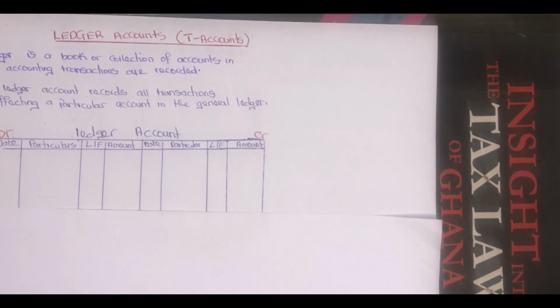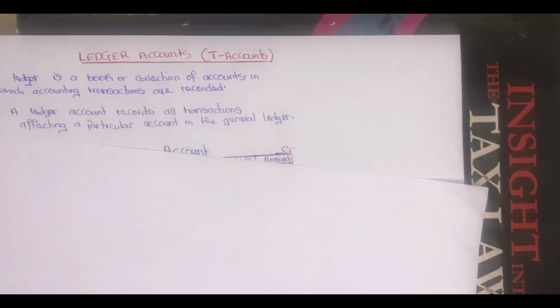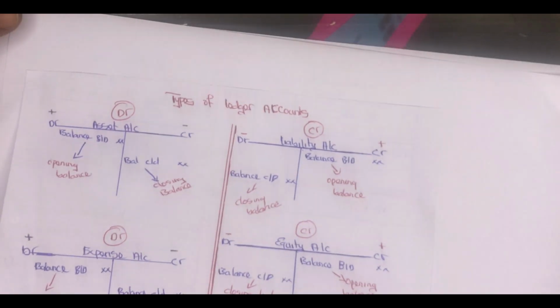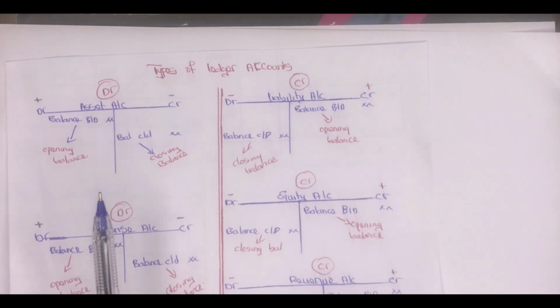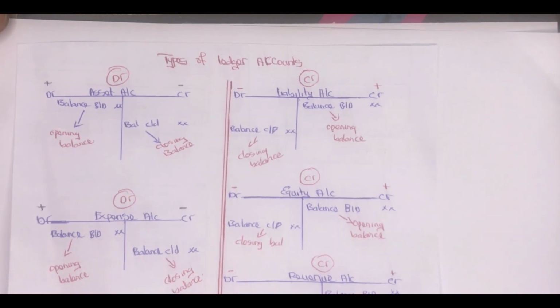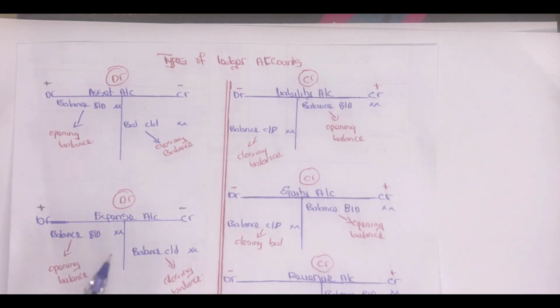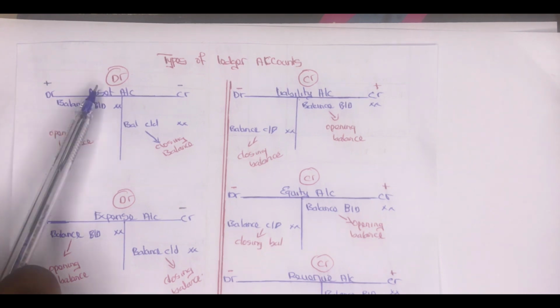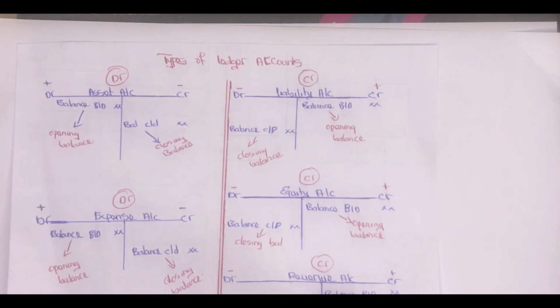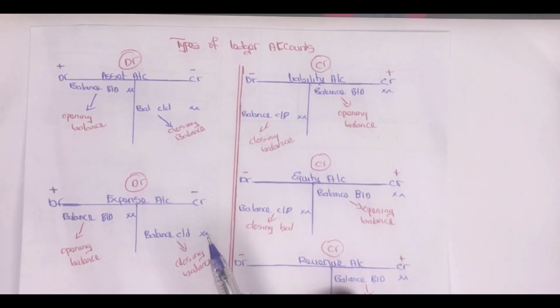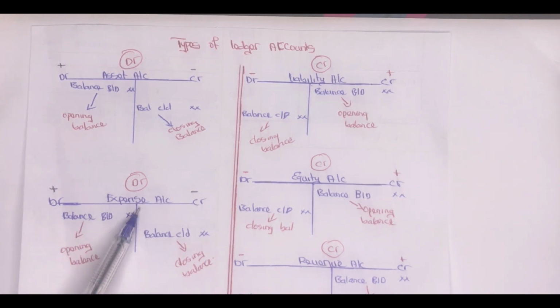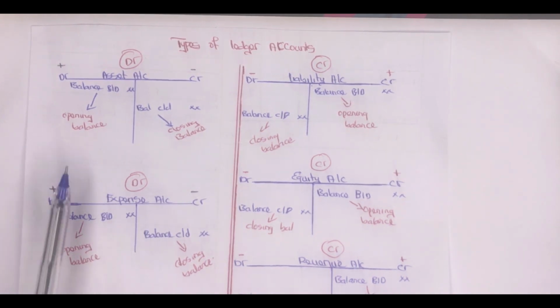So there are different types of ledger accounts. We have the first one, which is the asset account, and we have the expense account. Let me explain the asset account.